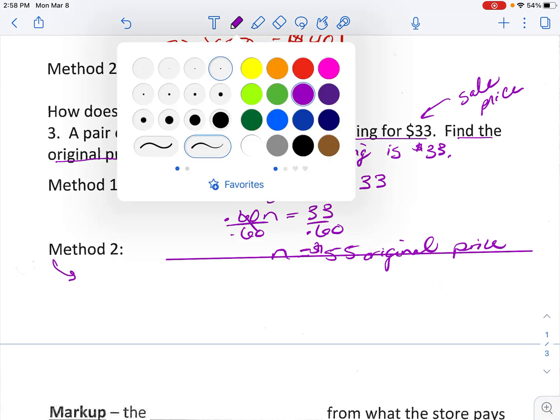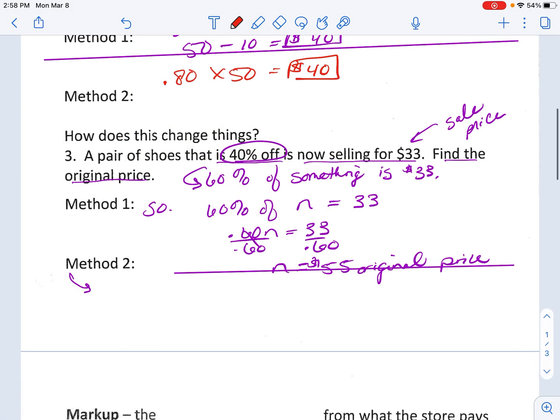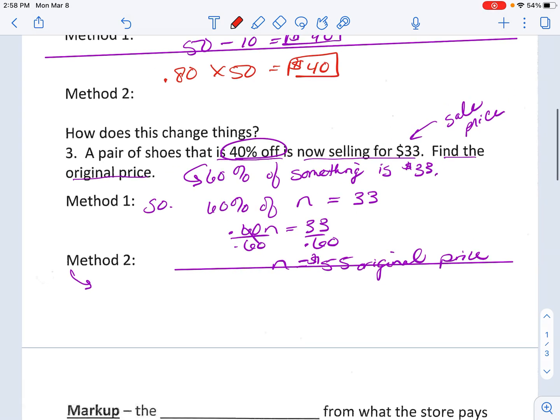Now, method 2, we'll go down here. Another way to think about this: a pair of shoes that is 40% off is now selling for $33.